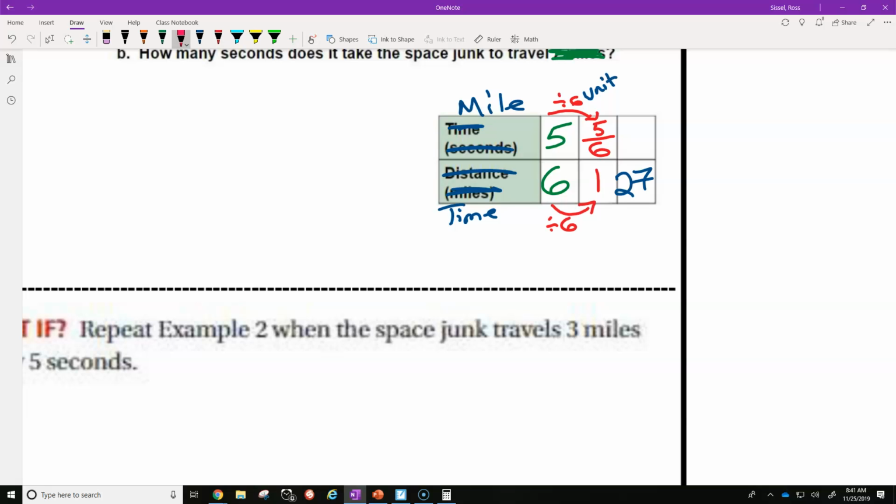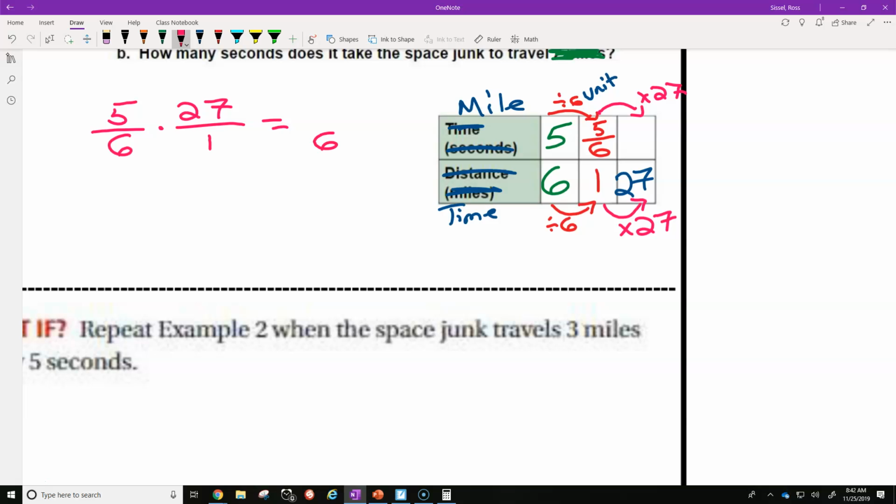If I said I want to know in 27 seconds, well, 1 times 27 is 27. So you would do 5/6 times 27. Good. Don't flip out, because you'll do this on your homework today. So I'll do 5/6 times 27. The fraction of 27 is 27 over 1.